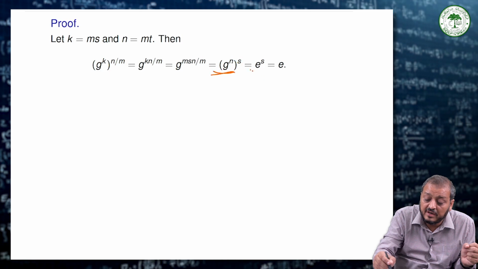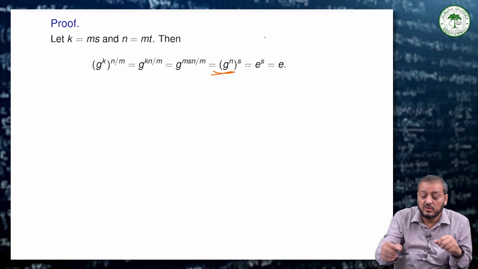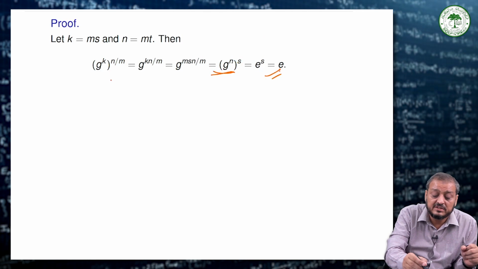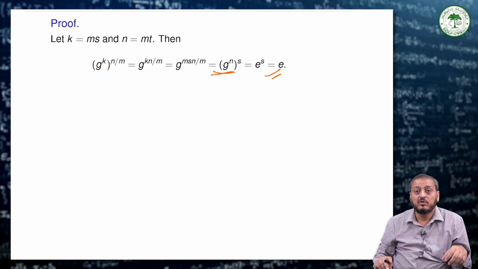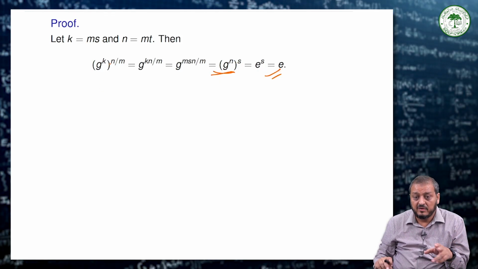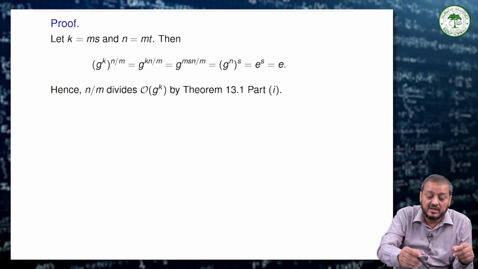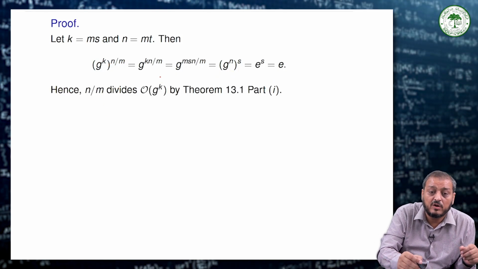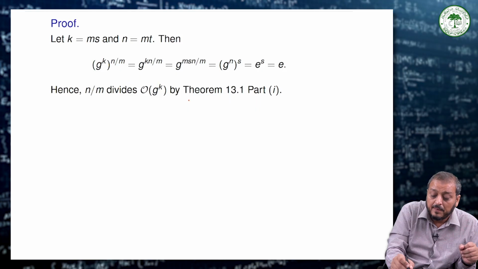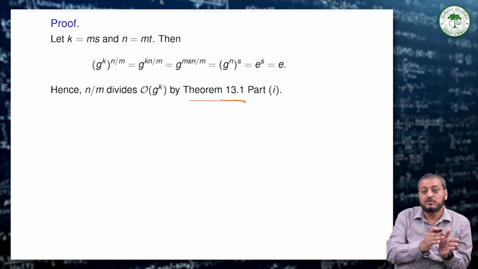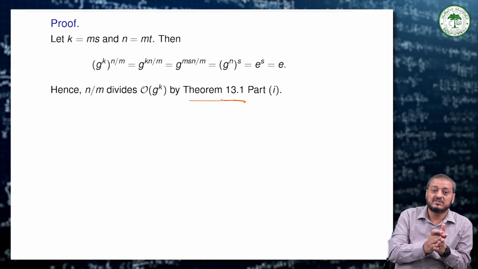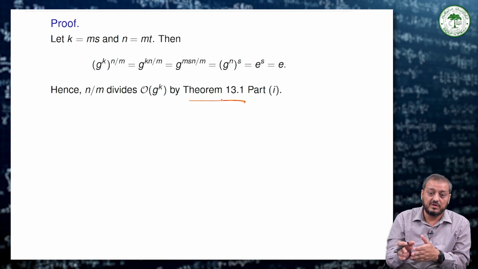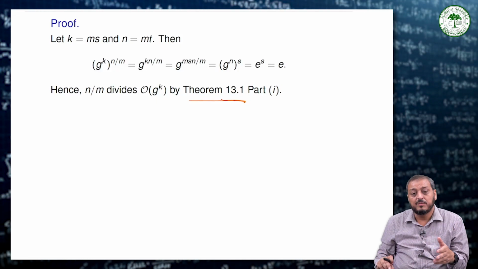So if this is identity, then e to the power s is also identity, and then clearly g to the power k to the power n by m is equal to identity. Then we can say that n over m divides the order of g to the power k by our theorem. If g to the power k is equal to identity, then the order divides k.